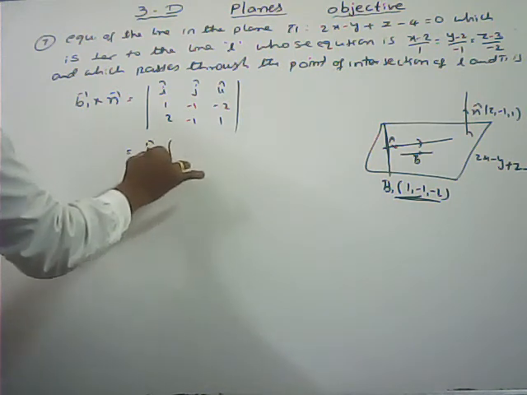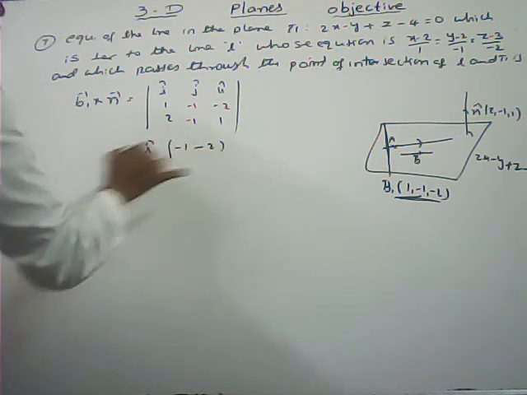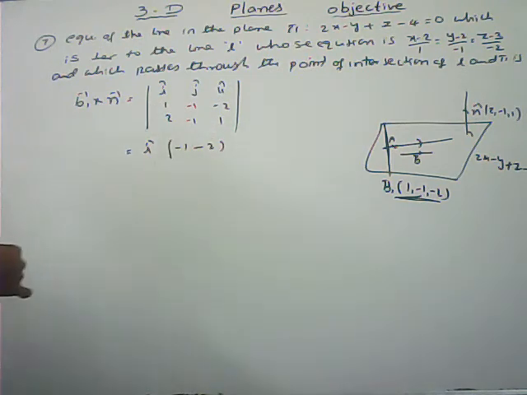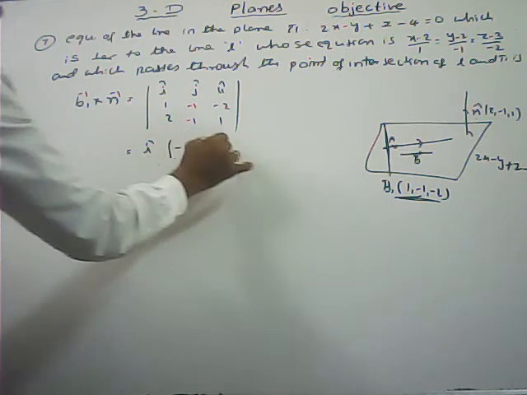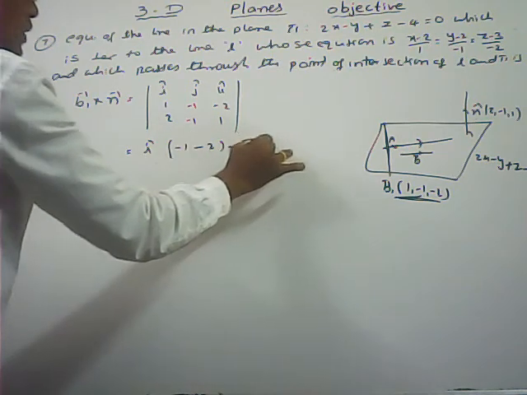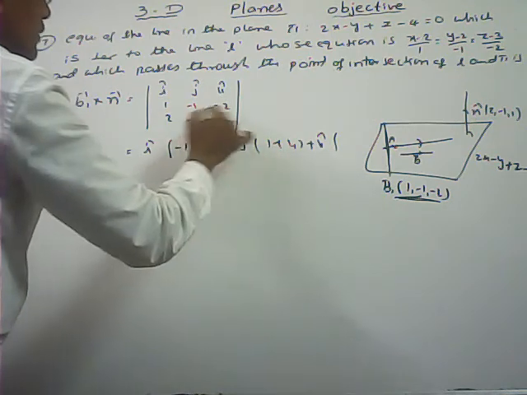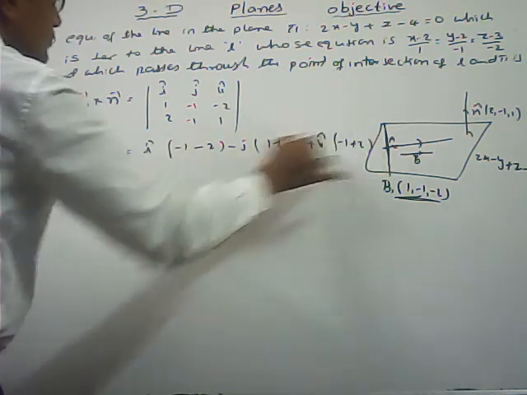I cap minus 1 minus 2, minus 1, minus 2, minus j cap 1 plus 4, plus k cap minus 1 plus 2 minus 1 plus 2.